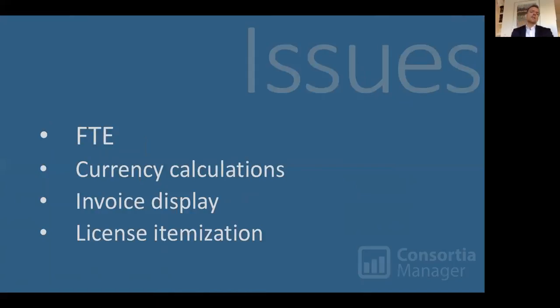Then we've got currency calculations. Since you're being invoiced in the original currency of the publishers, we've seen some summaries of amounts that weren't right, and we're also fixing that.